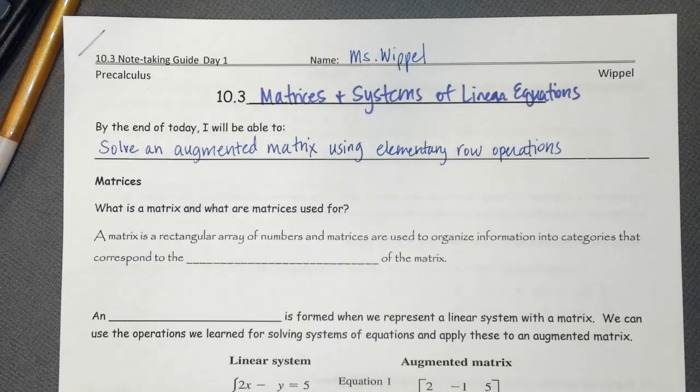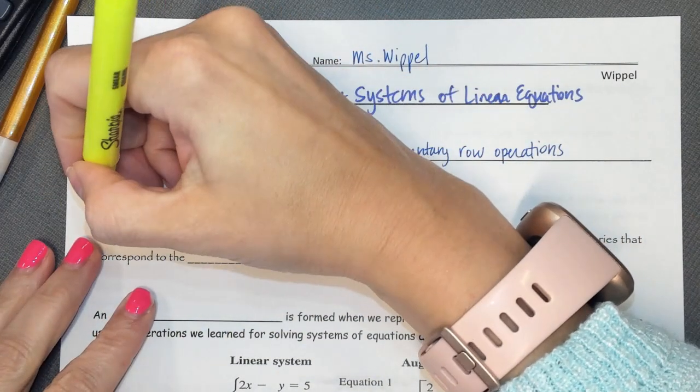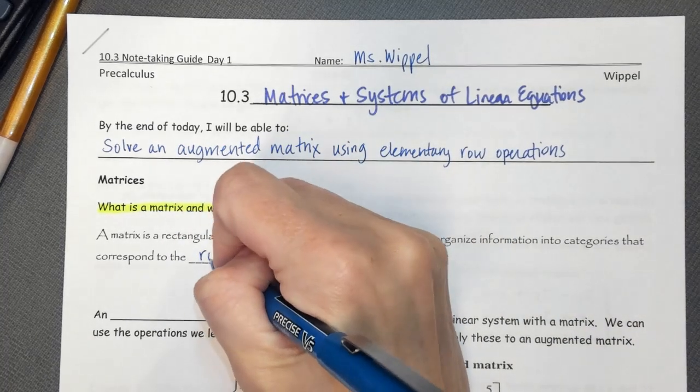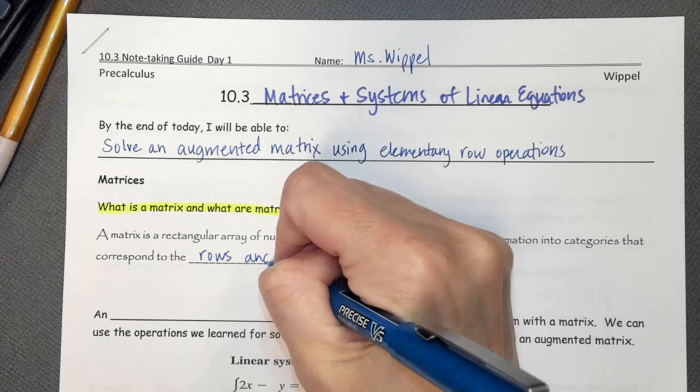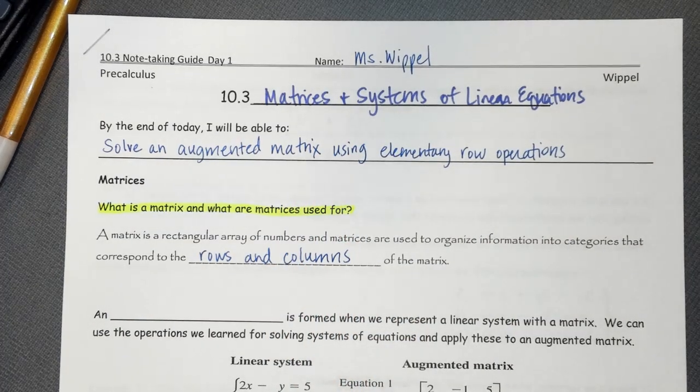So the first thing is, what is a matrix and what are matrices used for? Matrices is the plural. A matrix is a rectangular array of numbers, and these matrices are used to organize information into categories that correspond to the rows and columns of the matrix.